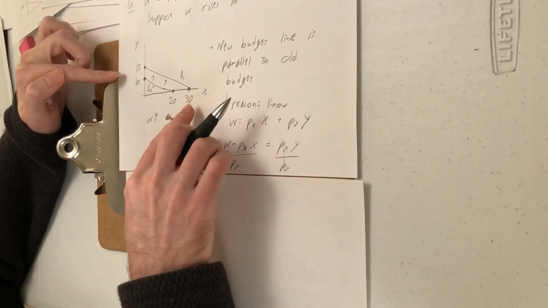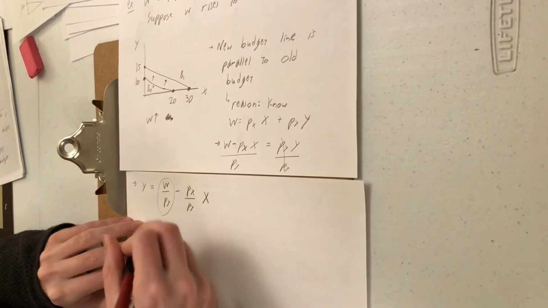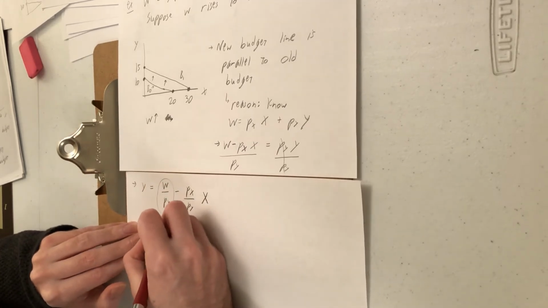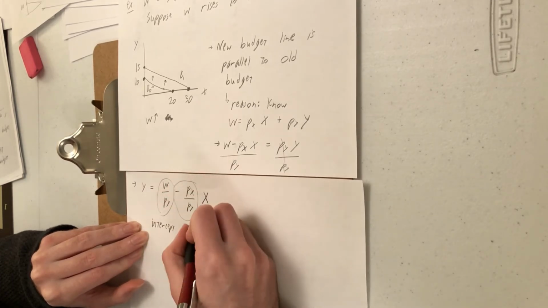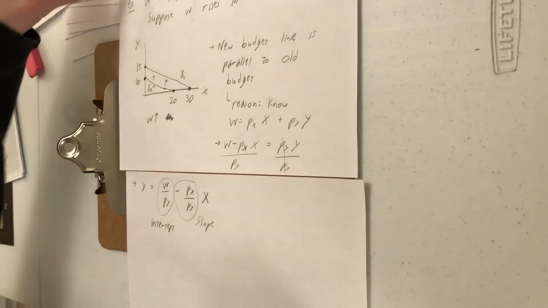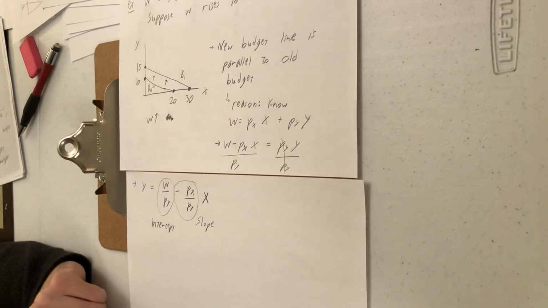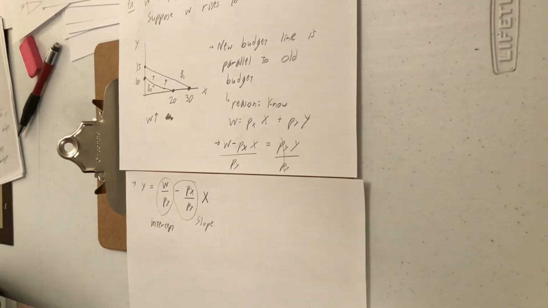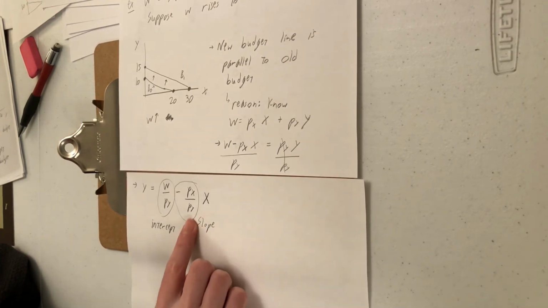So when you're graphing Y against X, this will be your intercept. And this will be your slope. So what this has to do with wealth changes, you can see the slope here does not depend on wealth.